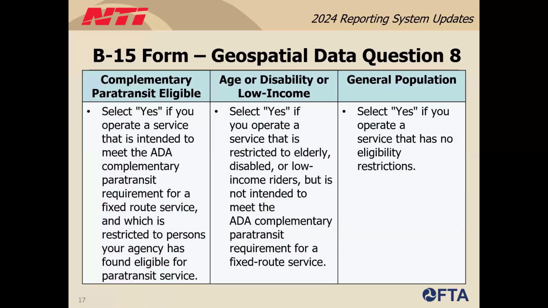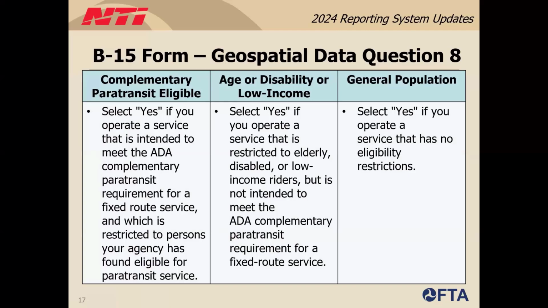Okay, for instance, you'll select yes for complementary paratransit if you operate a service that is intended to meet the ADA complementary paratransit requirement for fixed route service, and which is restricted to persons your agency has found eligible for paratransit service.